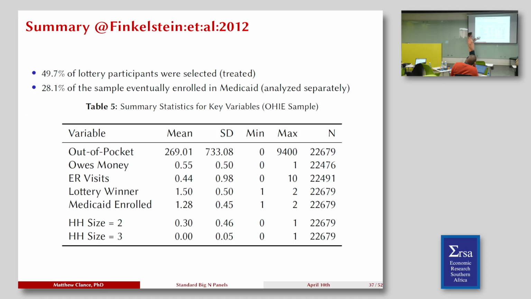This should have been 49 and this one should be 28, but it added a 1 to it. I'm not sure why, which is why I think something's off there. Eventually I enrolled in the Medicaid. We could analyze that separately because there was a problem with that as well, but I'm not doing that here.